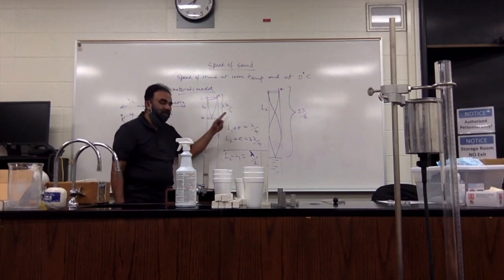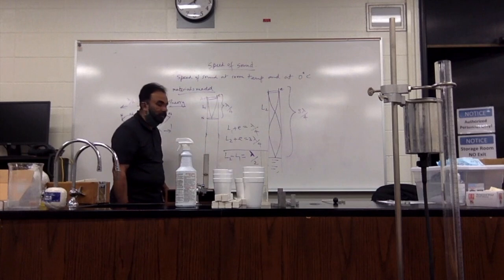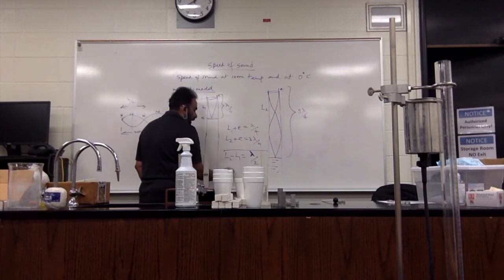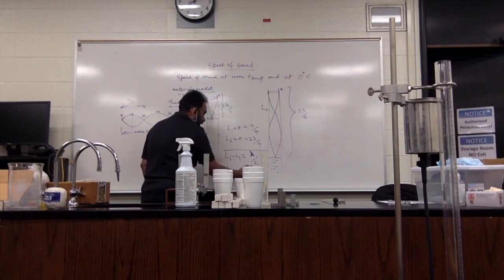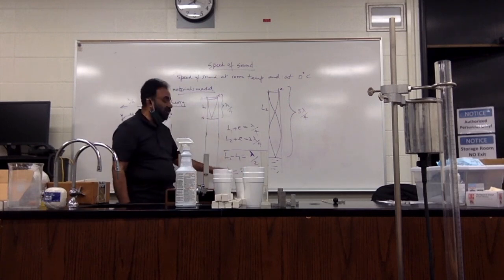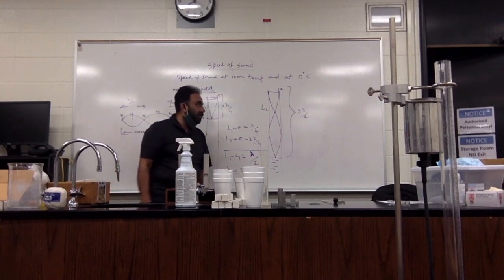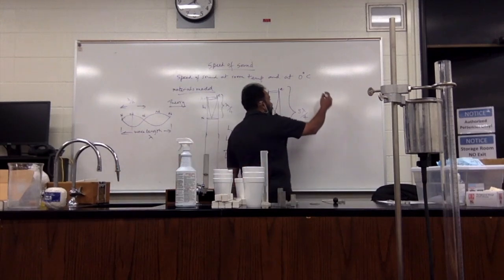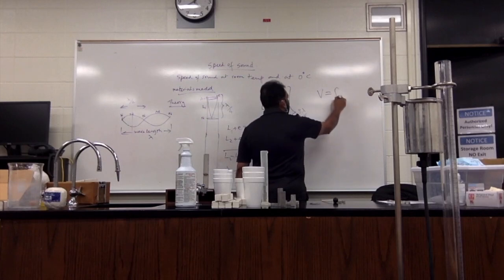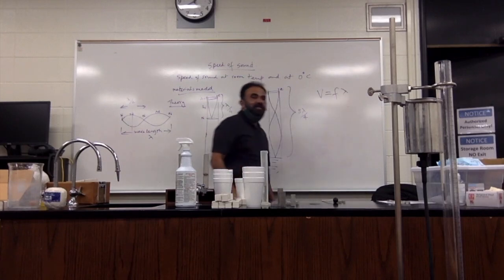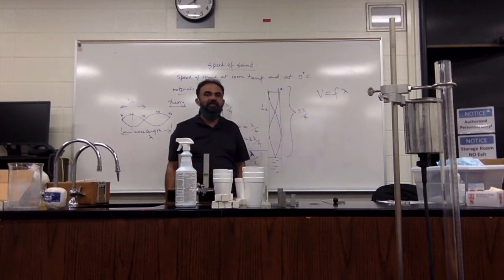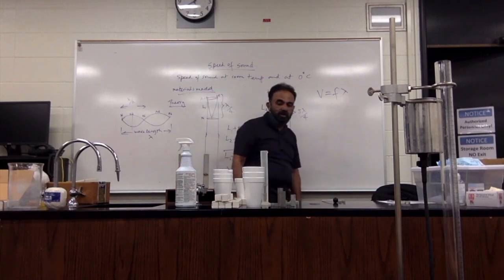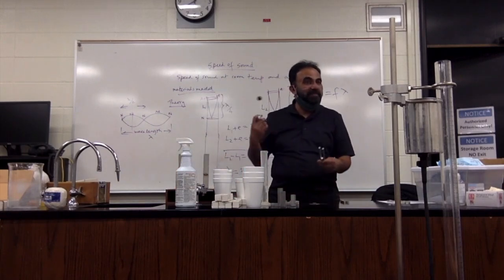So see how we got the end correction out of the picture? So this will help you to find the lambda. So lambda is equal to 2 times (L2 minus L1). This is the way we are going to find out the wavelength. Now what is our equation for velocity of sound? It is frequency times lambda. So what frequency am I using to get this resonance?